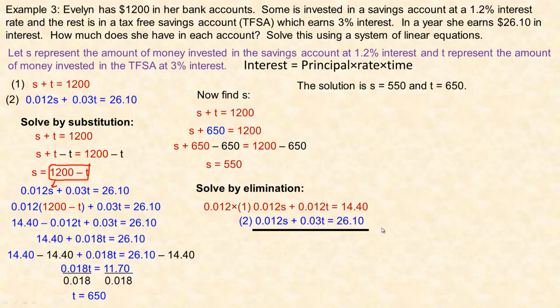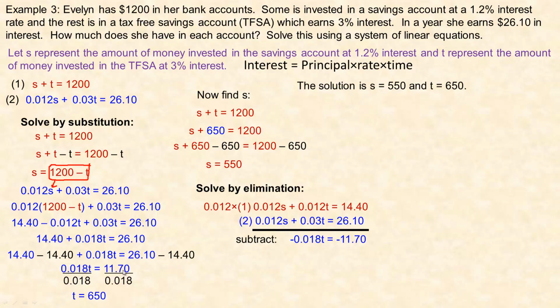And we'll put a line underneath here. And so these are the same, so we would subtract. Remember I said there's one we're going to add. So you might guess that's the last example, number 4. So these are going to subtract to 0. 0.012T minus 0.03T is negative 0.018T, and 14.4 minus 26.1 is negative 11.7.